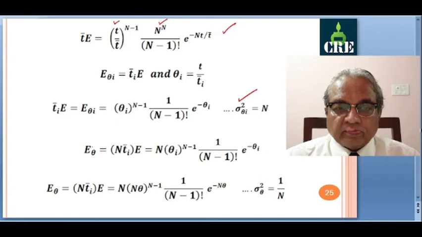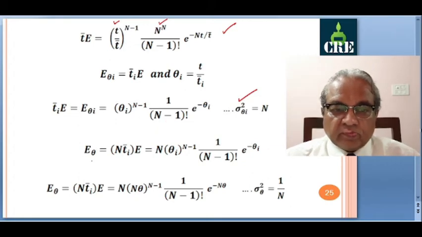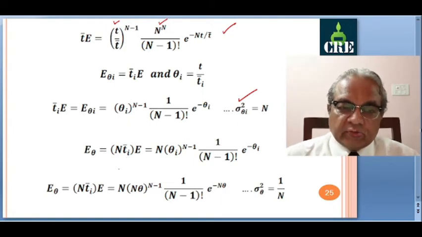So E theta is n multiplied by this ti into E. This right hand side is simply multiplied by n. Rest of the terms are as they are.